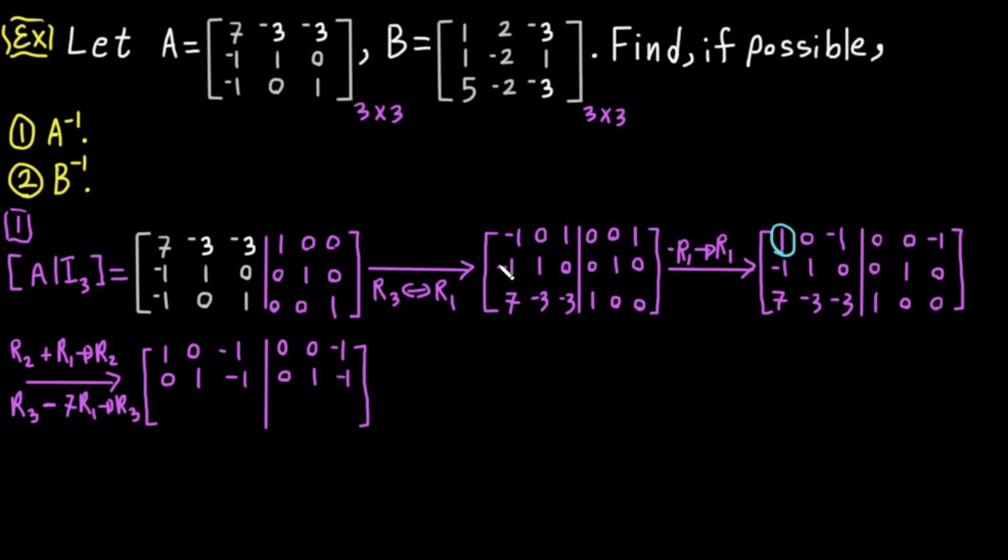So 7 minus 7 is 0. -3 minus 7 multiplied by 0 is 0, so it will be -3 here. Then -3 minus 7 multiplied by -1: negative with negative becomes plus, so -3 plus 7 equals 4. So here 4.